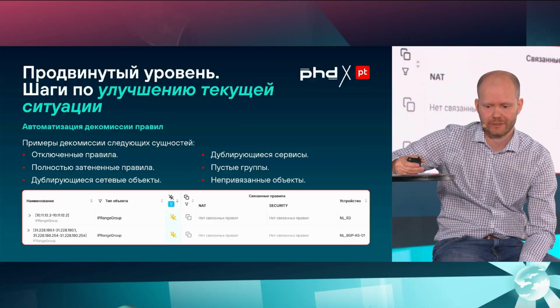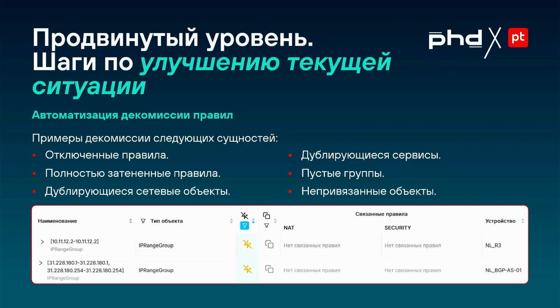During the previous stages, we've been looking at situations when optimization is done manually. We see that we have shadow rules, or rules which can be united, rules which have no heads, and basically manually we've been deciding what is to be done with them. At this stage we are ready and we understand that in principle all this can be automated.